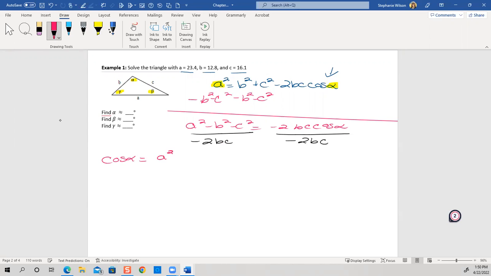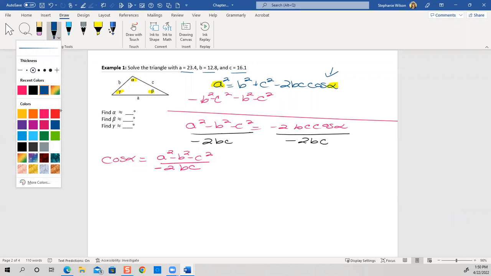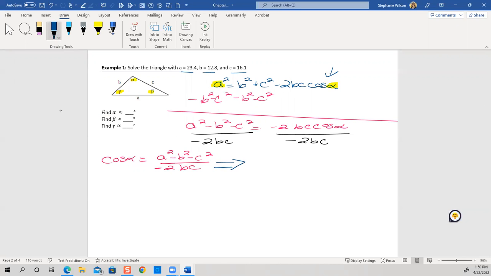So now I have a squared minus b squared minus c squared divided by negative 2bc. I need alpha, not the cosine of alpha, so I take its inverse. Alpha is equal to the cosine inverse of that fraction.